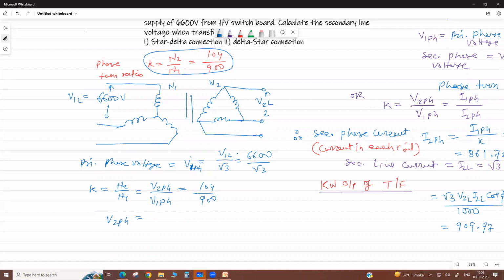But always, in three-phase, the data given in the question is line values, and when you answer, please write the line voltage.